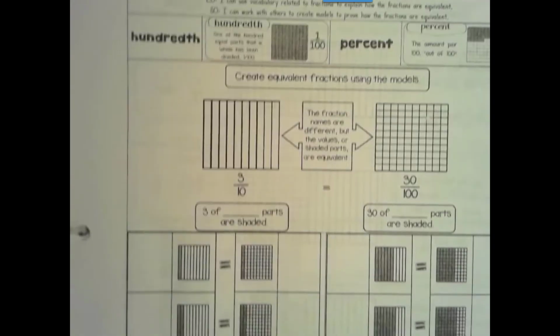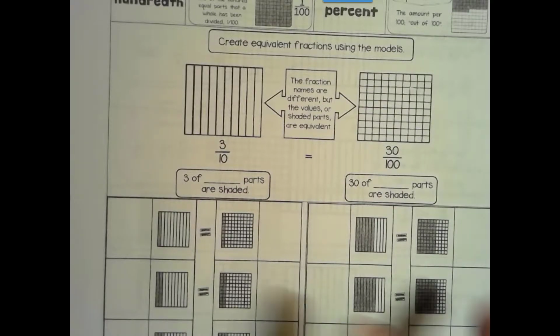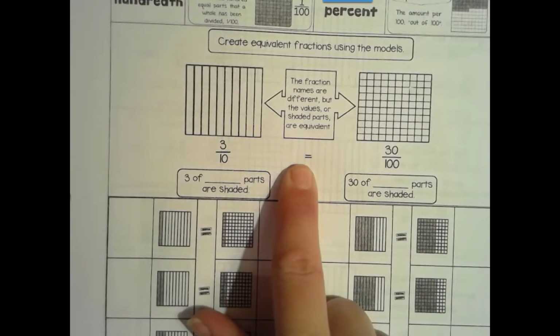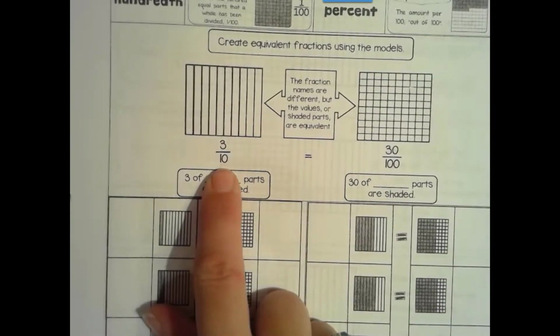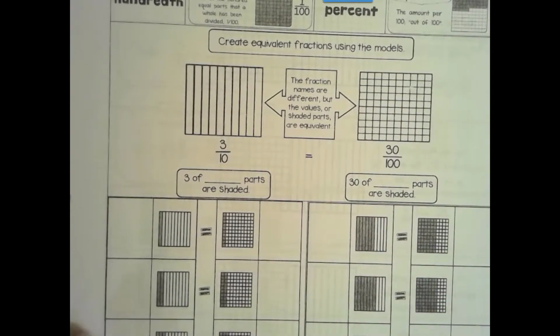Okay, so the first thing we're going to do, this is where we need our highlighter. We are going to show that these two fractions are equivalent, that they are equal to each other. So 3/10 and 30/100 are equal, and we're going to prove that right now.